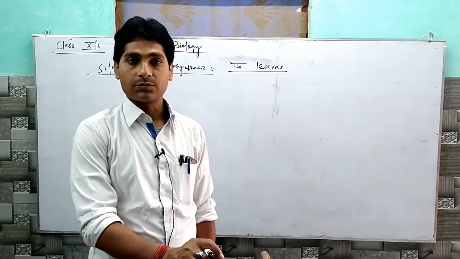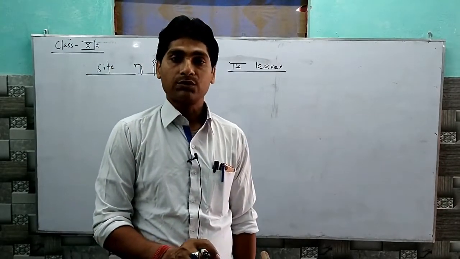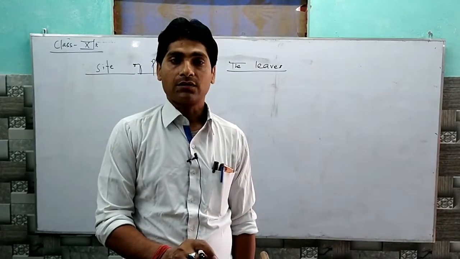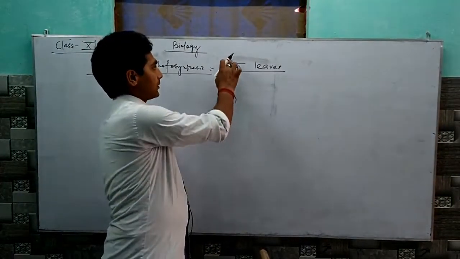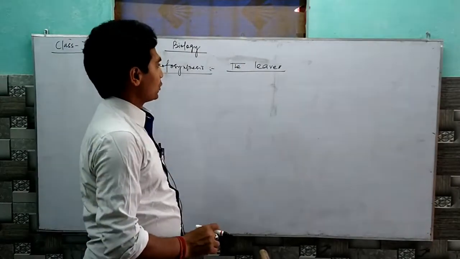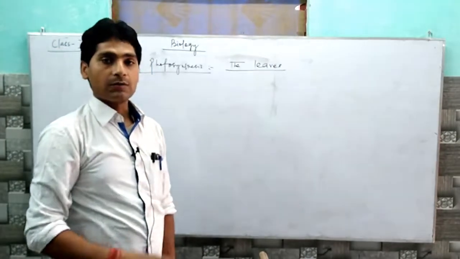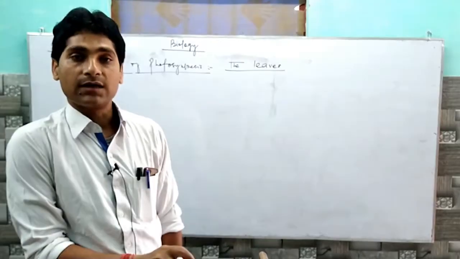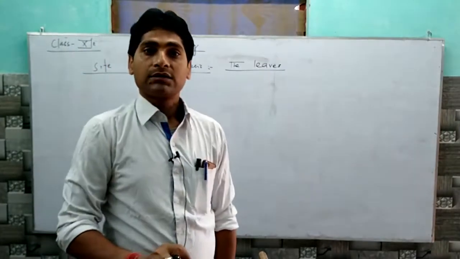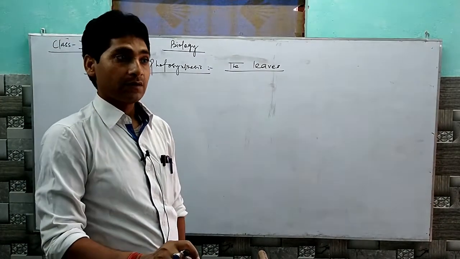After the completion of the photosynthetic equation, we are to discuss the site of photosynthesis. We know that photosynthesis mainly occurs in the leaves of plants because leaves contain chlorophyll, and here the photosynthesis takes place.